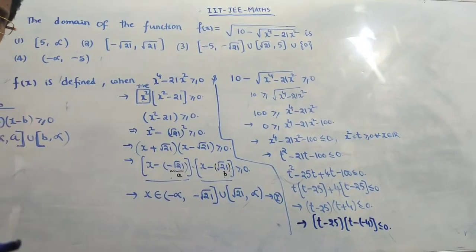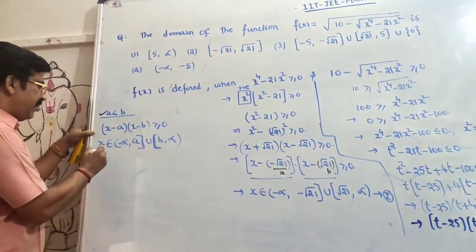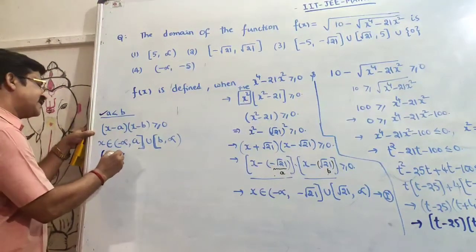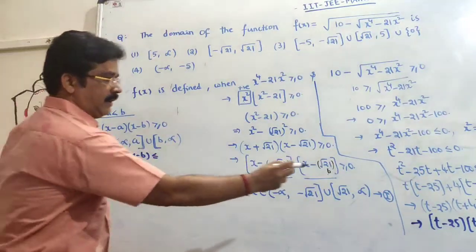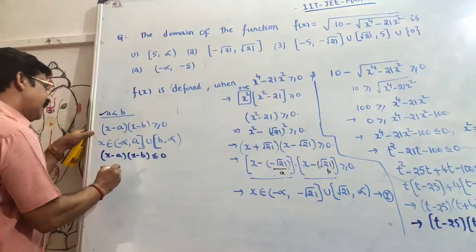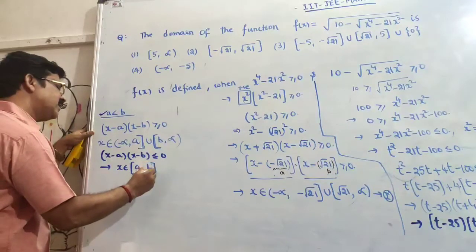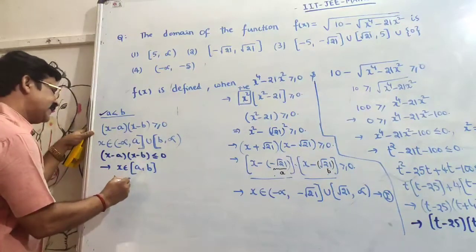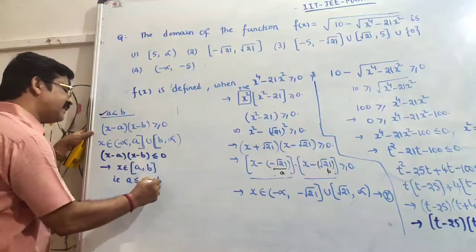So once again you come here: when a is less than b, if the condition is x minus a into x minus b less than or equal to 0, then x belongs to the closed interval of a comma b. That is, it can be written as a less than or equal to x less than or equal to b.